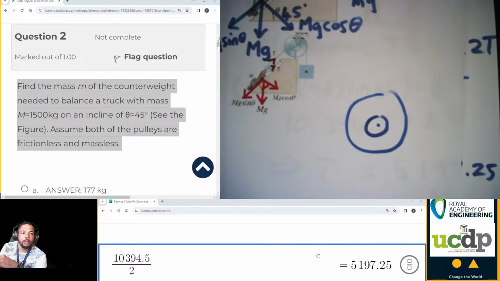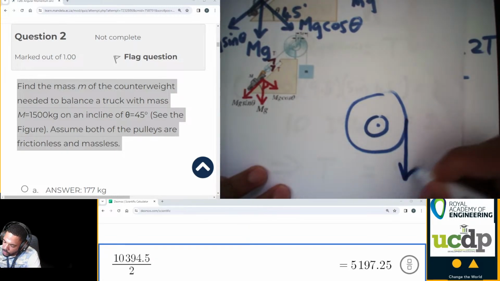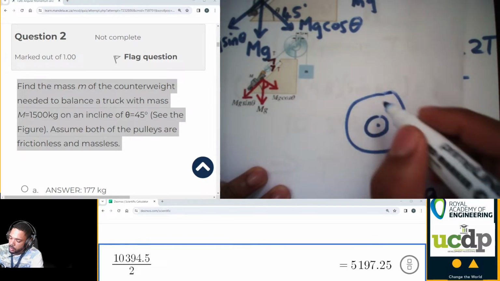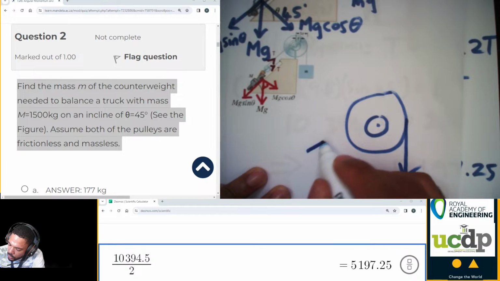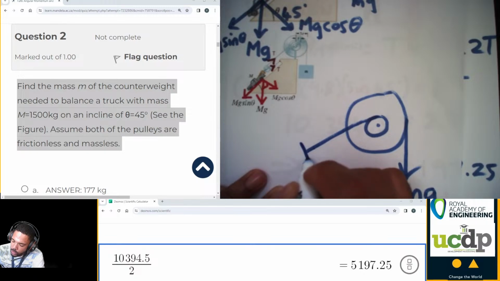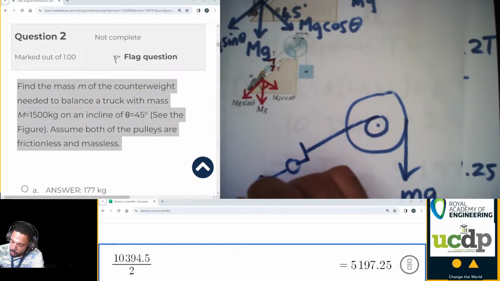Then we have two forces. One force is going down. This is the force of the weight of that block hanging there, and then we have the force of tension coming in, the force at small r. There's the bucket here.